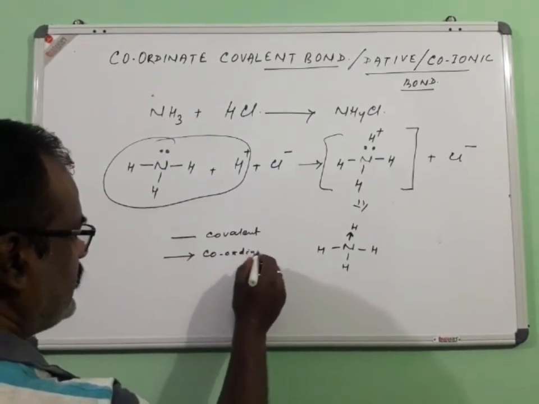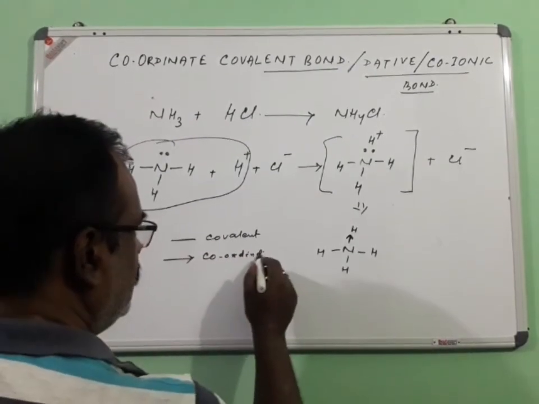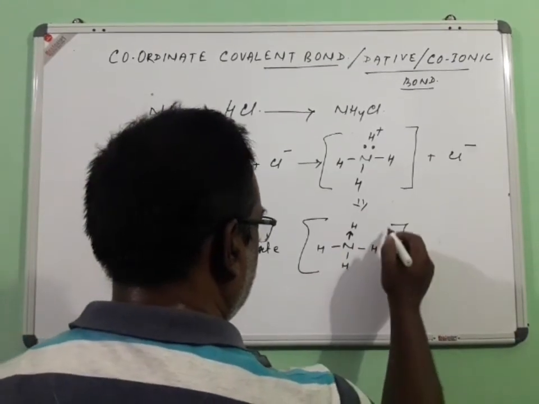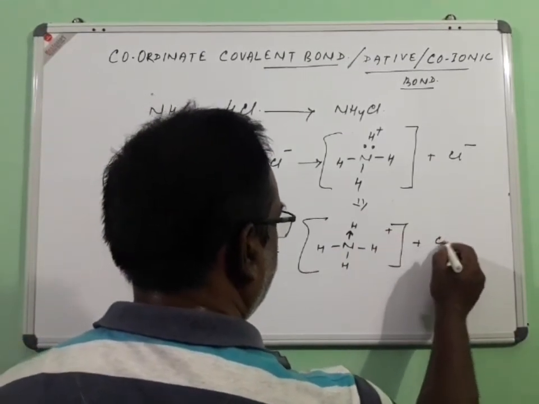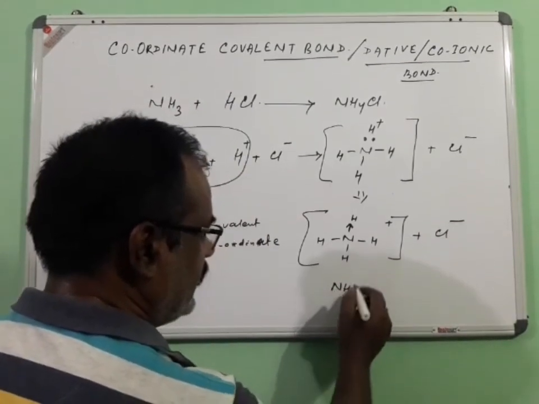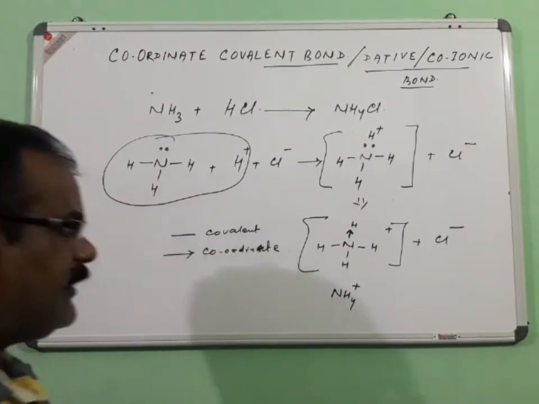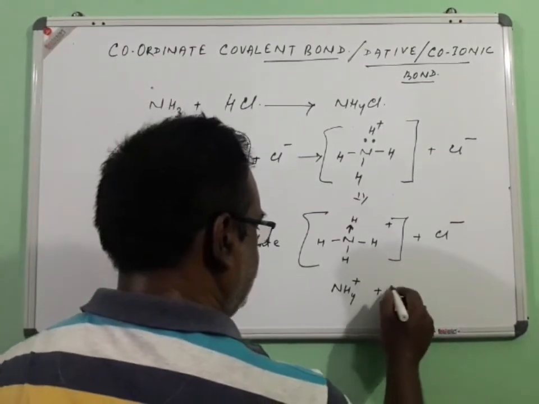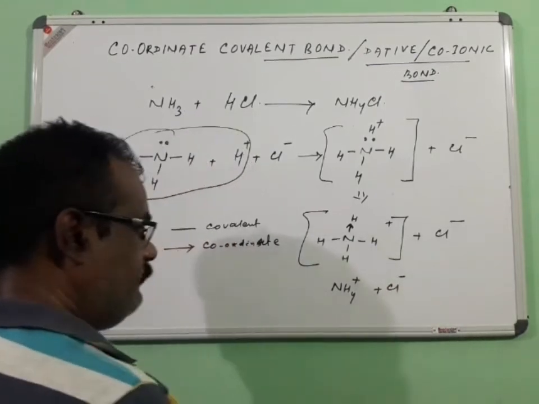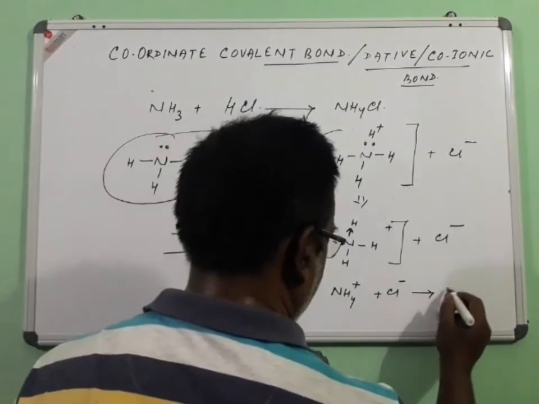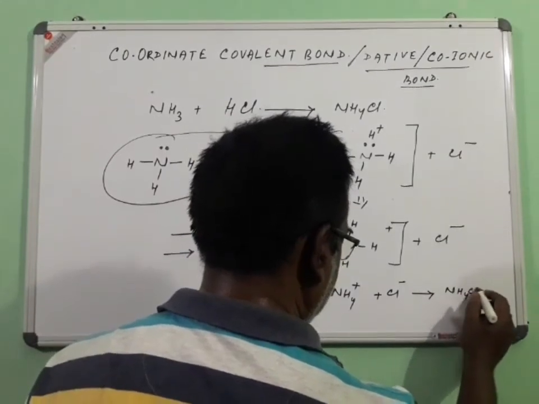So there is the formation of the ammonium ion and the chloride ion. NH4 is positively charged and chlorine is negatively charged, so there is a force of attraction between these two charged particles, and finally they form ammonium chloride.